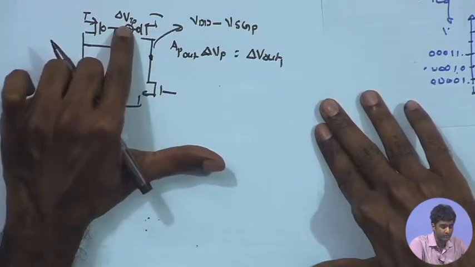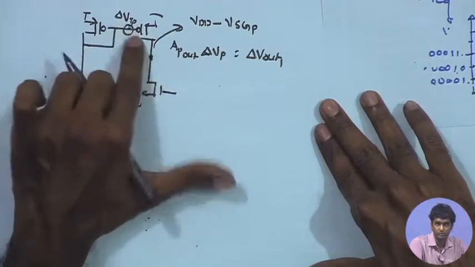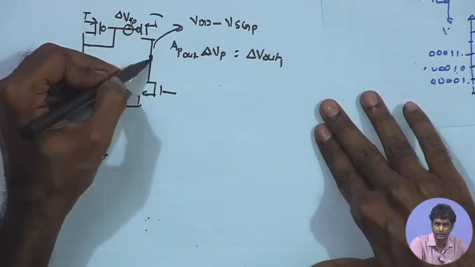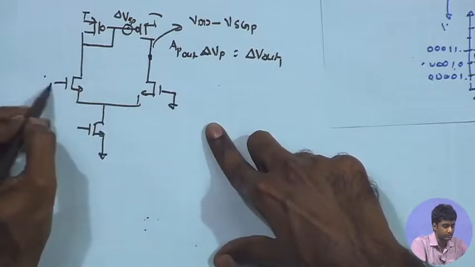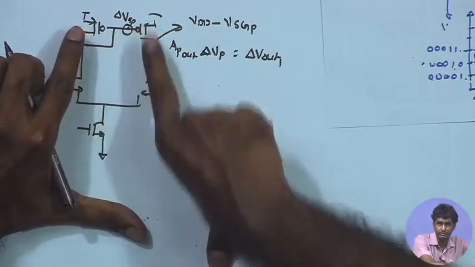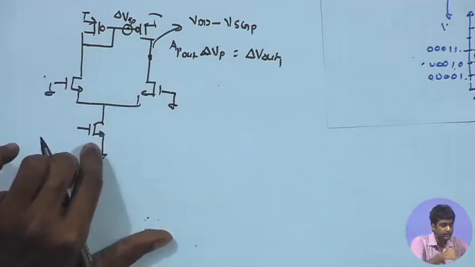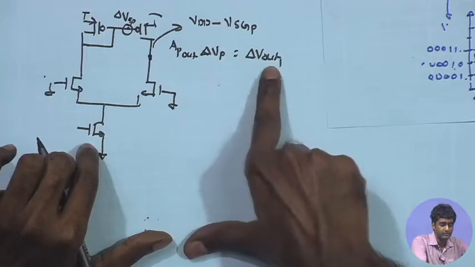AP out means from the P gate to the output, the gain of this common source amplifier from the gate to the drain, assuming that the other inputs are all set to 0. So, for this side it is just like a common source amplifier with a PMOS input device, and for that I have a certain gain AP out times delta V equal to delta V out 1.